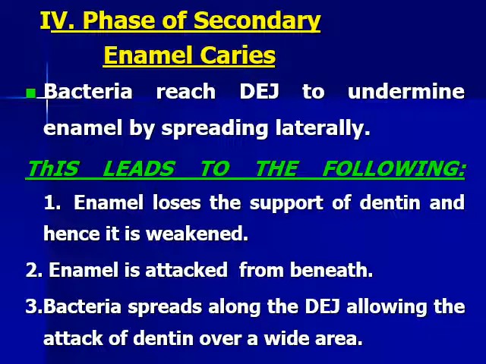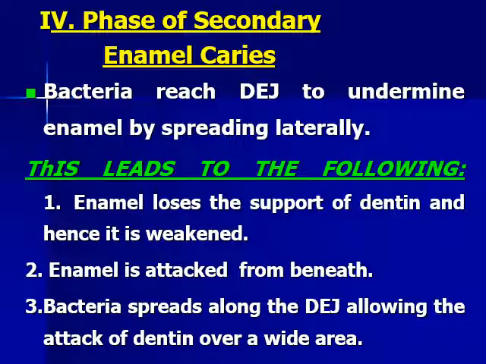When they spread laterally, they attack the enamel from below, so we get what we call the secondary enamel caries. This secondary enamel caries, with the spread of the caries at the amelodentinal junction, will make the enamel in this part undermined, and so it can easily fracture and break, forming a cavity.